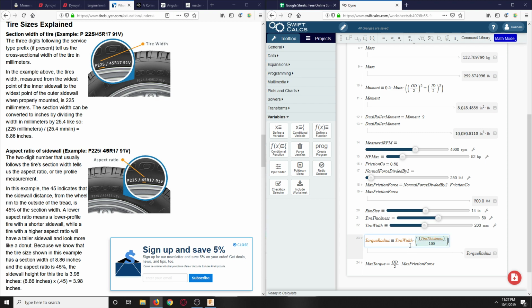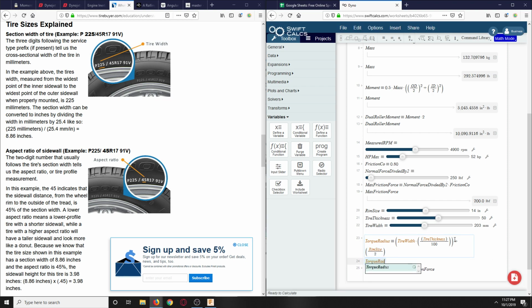So tire width times tire thickness, let's go ahead and put that all in one. And then that's just the top, and then that's going to be plus rim size divided by 2. And torque radius.